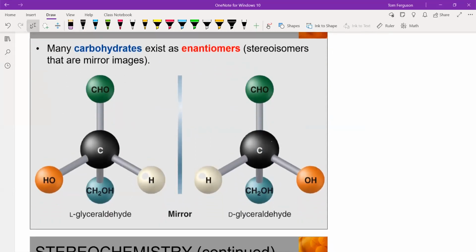Now, we're going to run into this concept of an enantiomer when we talk about amino acids. So carbohydrates and amino acids exist as enantiomers. We can think of an enantiomer as a mirror image. If we look at our left and right hand, for example, each hand has 4 fingers and a thumb.